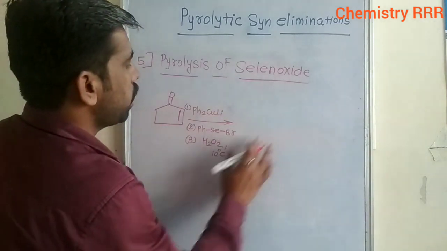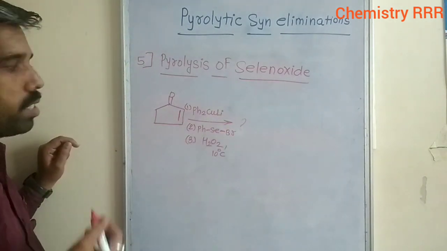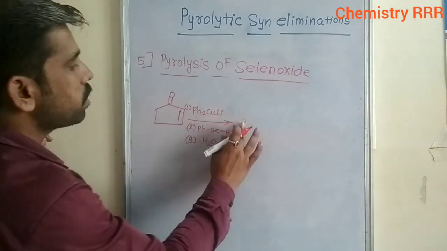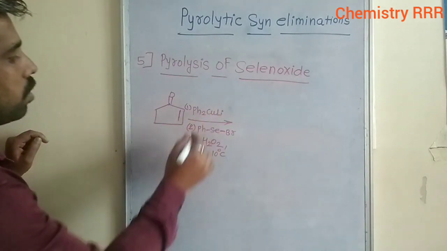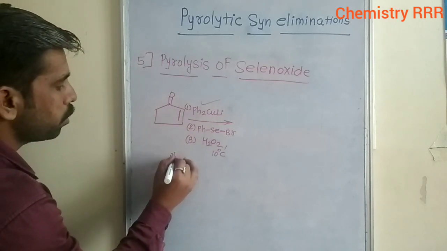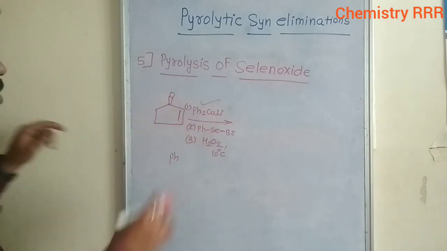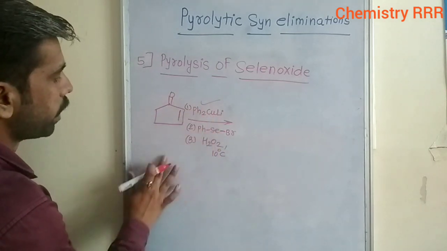Now let's see mechanism of this reaction. Okay, and what is the product of this reaction. Now in first step, this Gilman reagent gives 1,4 addition. Okay, this is a conjugate attack.